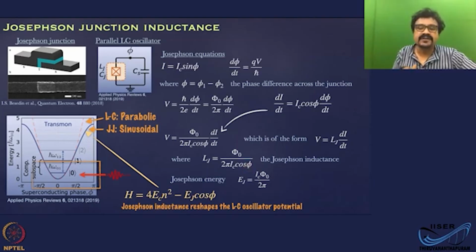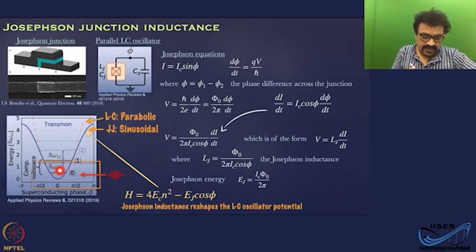So by introducing the Josephson junction as the inductance in the LC, what you have done is reshape the normal LC, the simple harmonic oscillator potential, into a sinusoidal one. This will make sure that the transition frequencies between different levels are different.